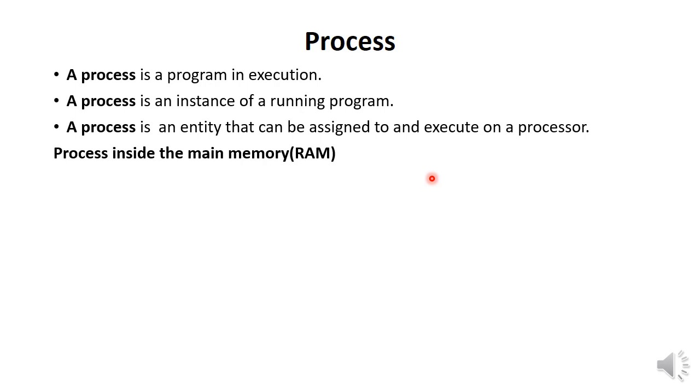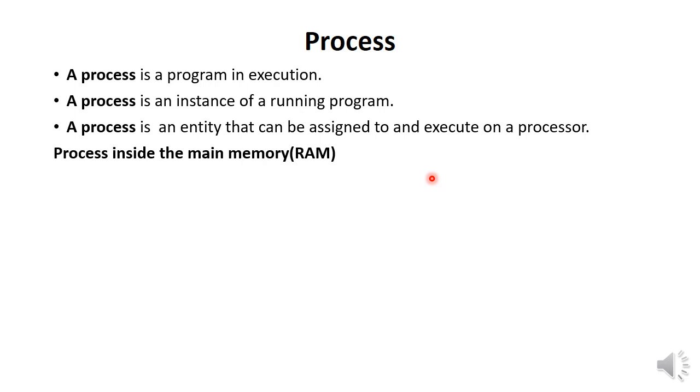So, as we have seen, a process is a program in execution. It means that a process resides in the main memory, or primary memory, or random access memory. But a process is a program in execution.